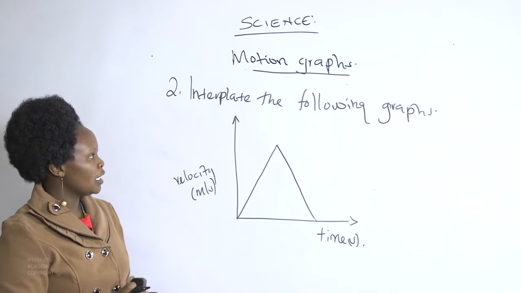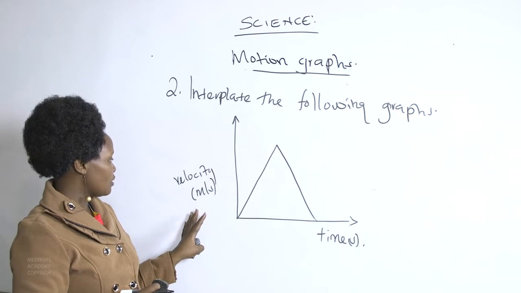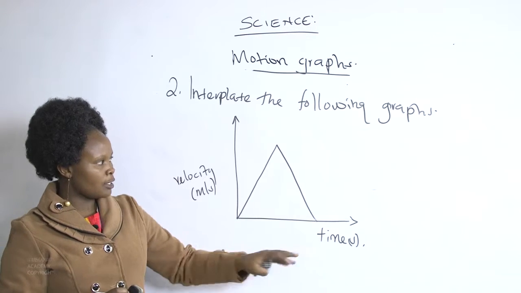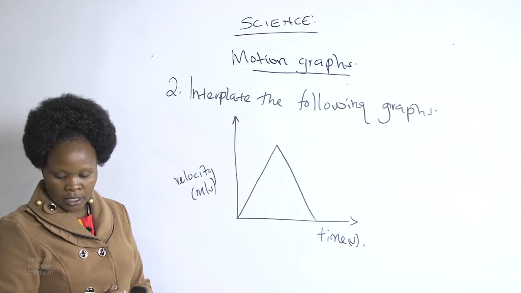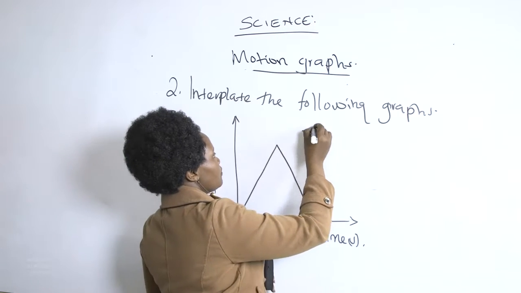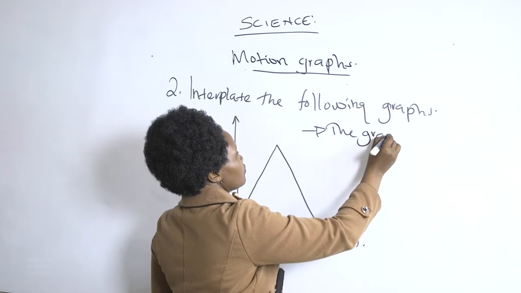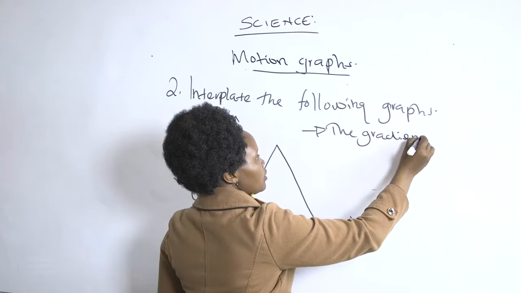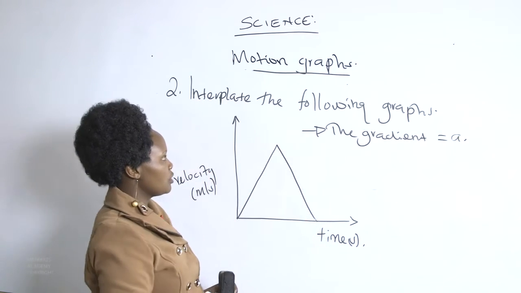Now, first thing to note, it's a velocity time graph. Therefore, the gradient gives acceleration.